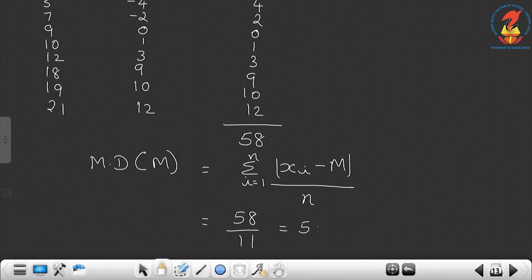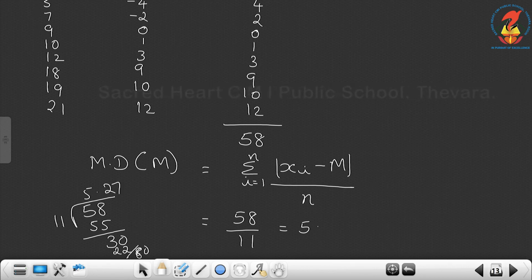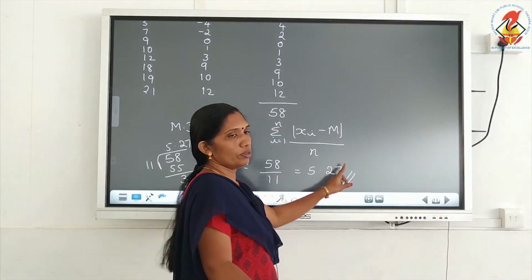What is 58 by 11? 5.27 to 2 decimal places.